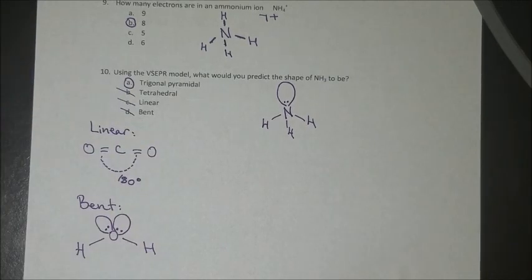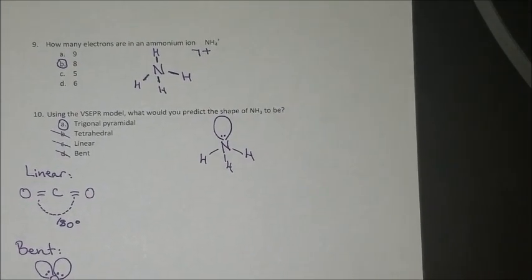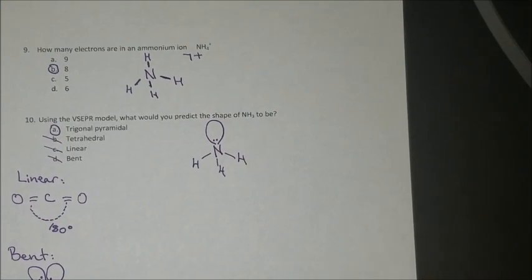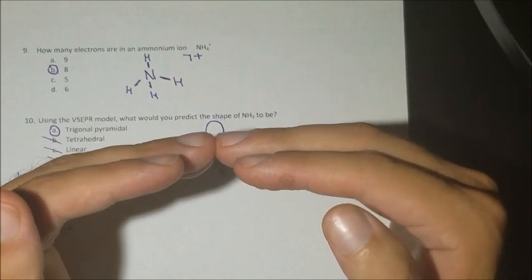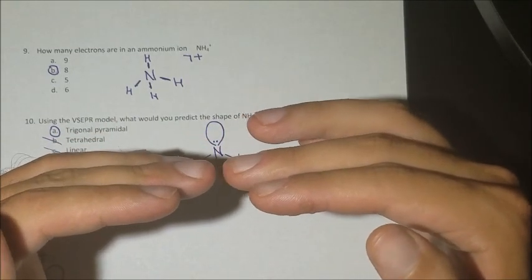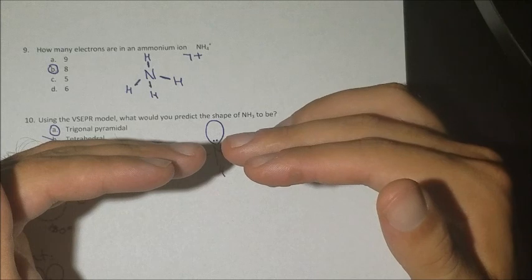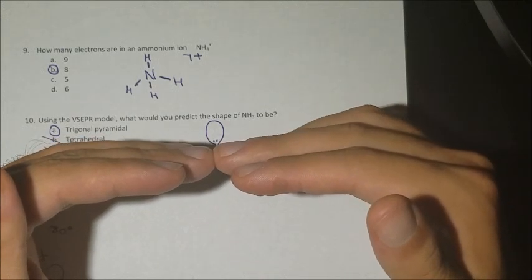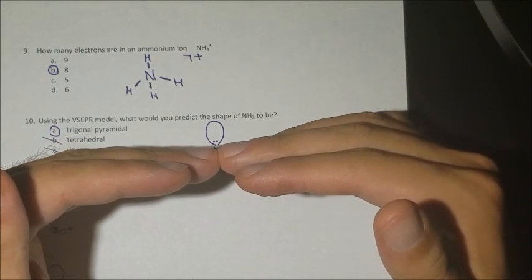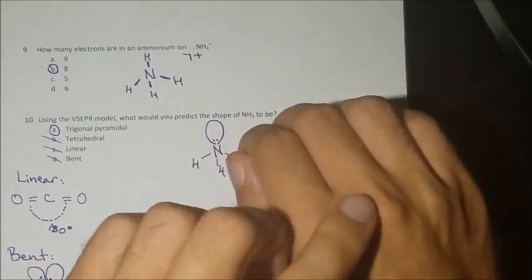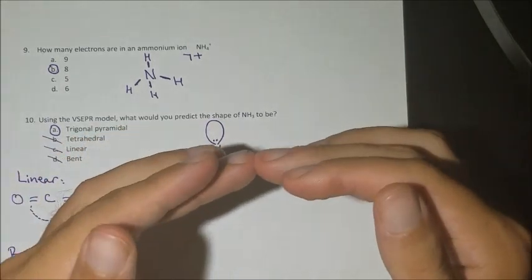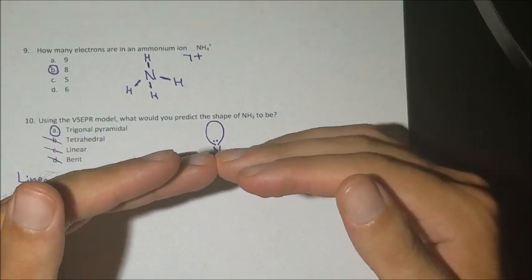But I want to go in a little bit more in depth and actually understand why it's that. So let's take a look at this molecule again, and imagine here that I've got the extremities of my fingers representing the hydrogens, and they're pointing towards the nitrogen. Let me see if I can align it here. Okay, there's where my nitrogen is, and the ends of my fingers, where I've got my knuckles here, that's going to represent the hydrogens.